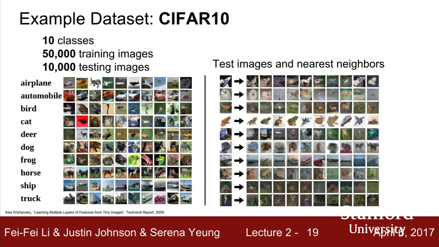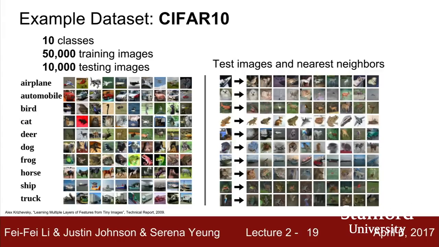You can see that they look visually similar to the test images, although they are not always correct. On this second row, it's kind of hard to see because these images are 32 by 32 pixels, so you need to really dive in and make your best guess. But this image is a dog, and its nearest neighbor is also a dog.